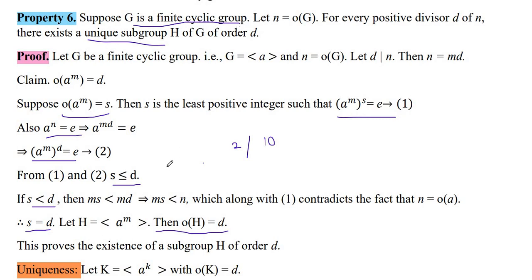And we can even say that later we are going to have Lagrange's theorem. So if we recall this property there, then we can conclude that the converse of Lagrange's theorem is true in the case of a finite cyclic group.